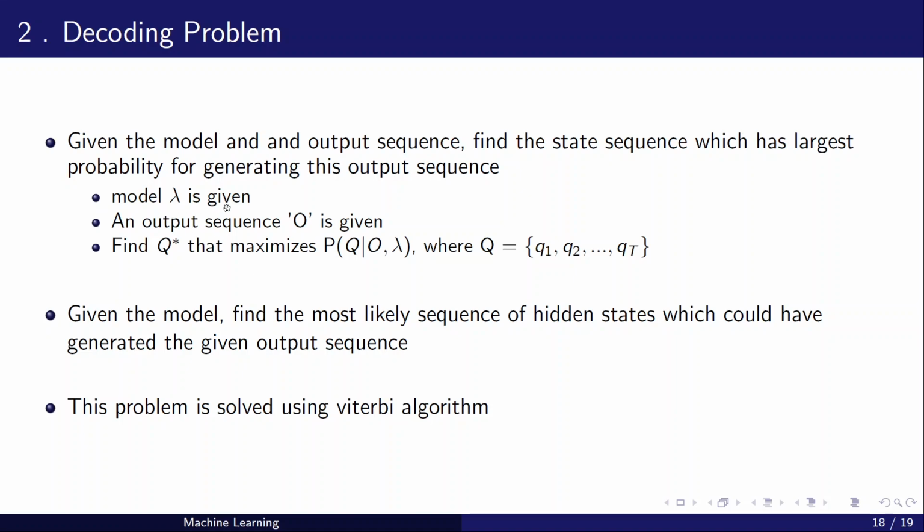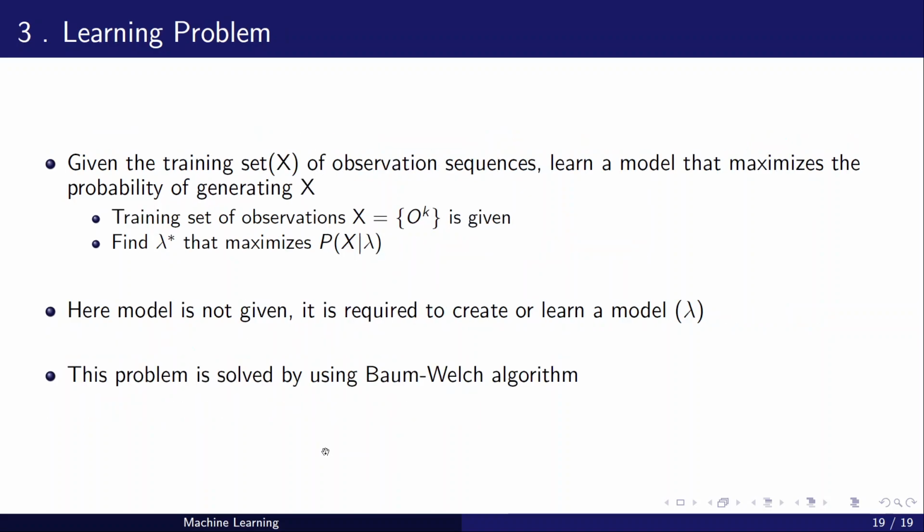Model lambda is given, output sequence O is given. Find Q star, which is the most likely sequence of hidden states which could have generated this output. That is, P of Q given O comma lambda, where Q is Q1, Q2 up to Qt and O is O1, O2 up to Ot, and you would like to find the Q star which maximizes this probability. This problem is solved by using the Viterbi algorithm.